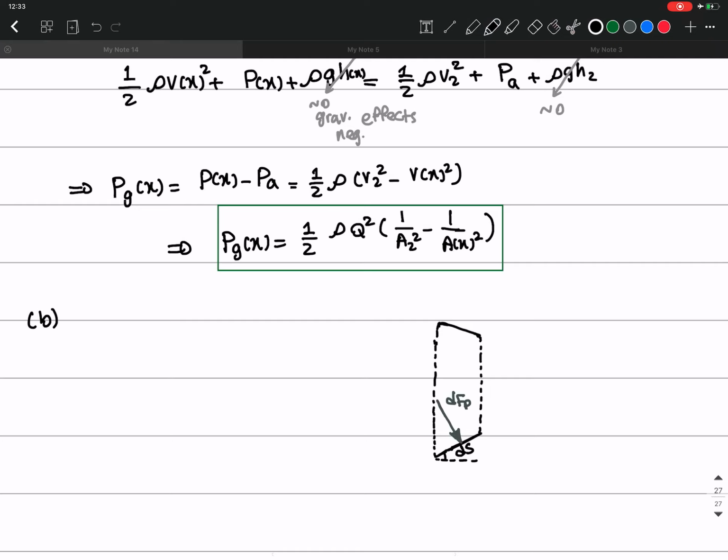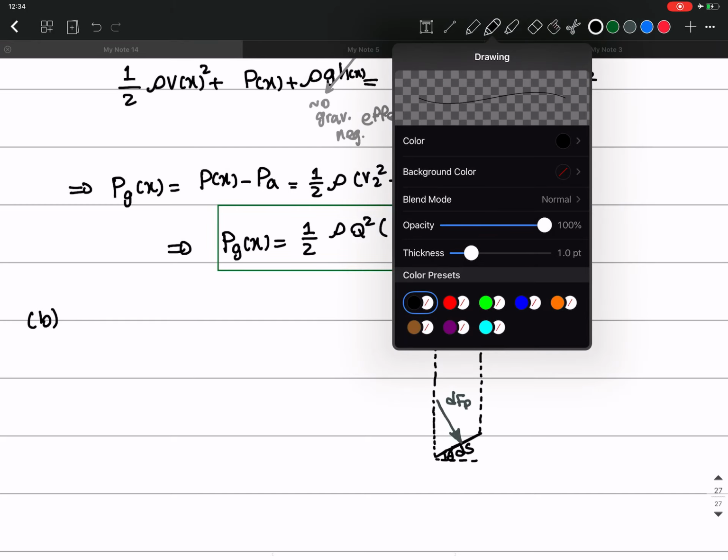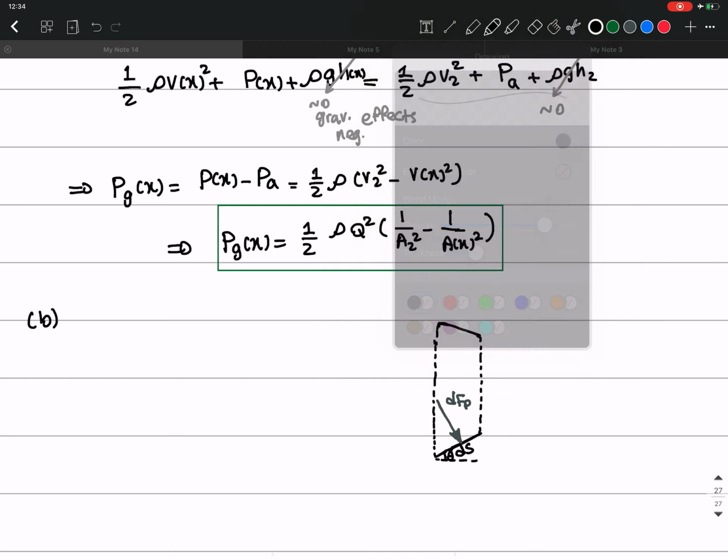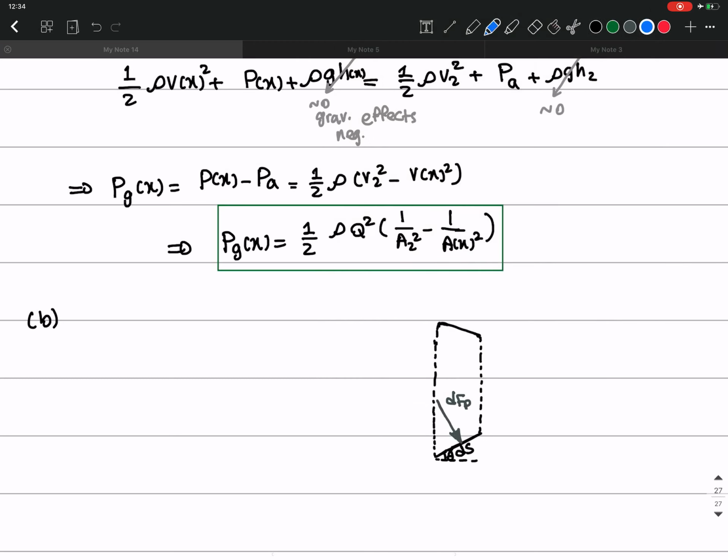And then here we have theta. The angle is theta. And let me show it here. And also this angle is theta 2. Okay.